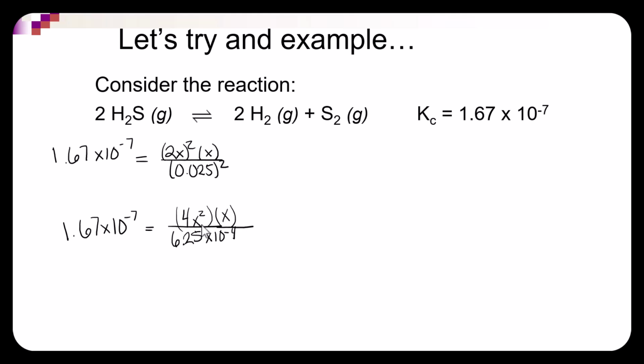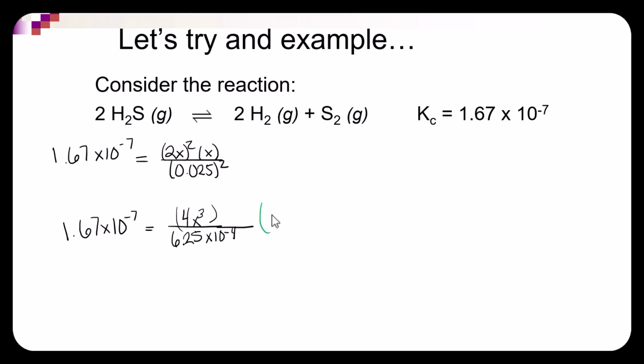So I have x squared times x with that exponent of 1. So if I add these two together, we get 4x cubed on the top. Now we just need to solve for x. So the first thing I'm going to do is get this guy out of the denominator.